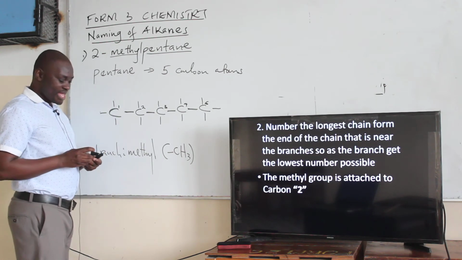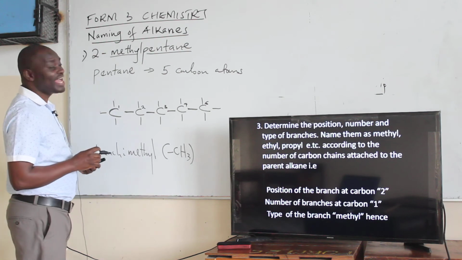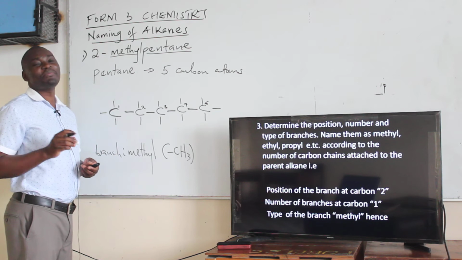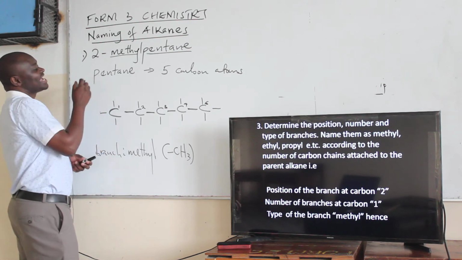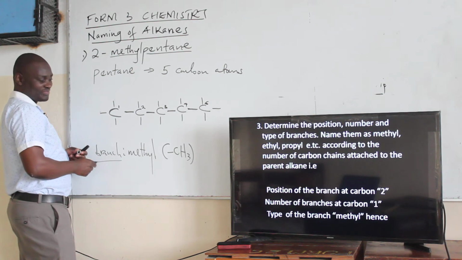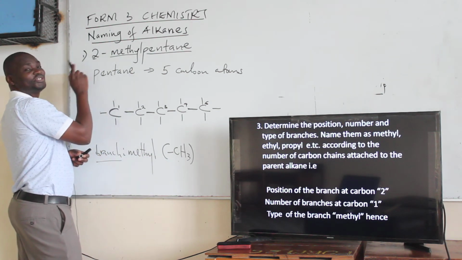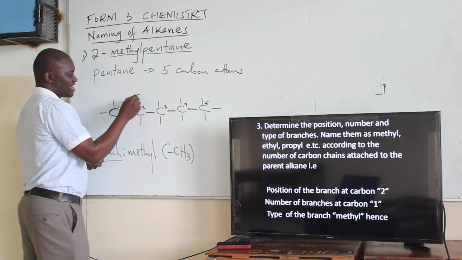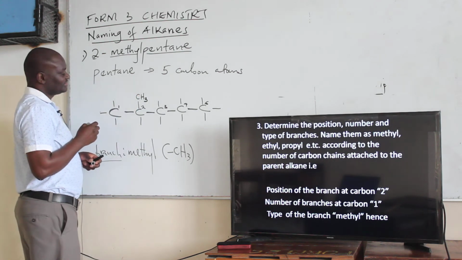Then we determine the position of the branches: position, comma, number, and the type of branch. So where do we get the branch? The methyl group is found at carbon number 2. So 1, 2, we have our methyl group.